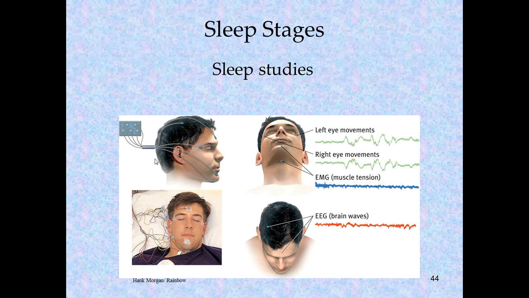This is a device that can track eye movements, muscle tension, brain waves, many other elements of our physical self. And as they do that, they can observe changes in these areas as the person sleeps and also connect them with any observations that can be made.